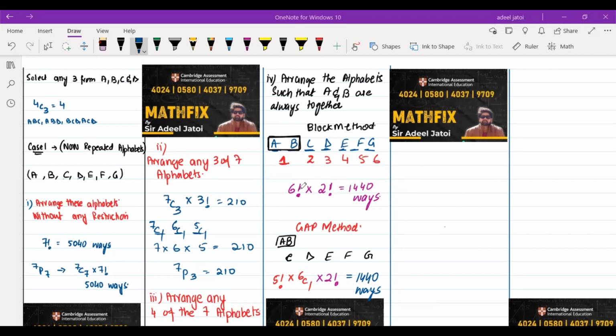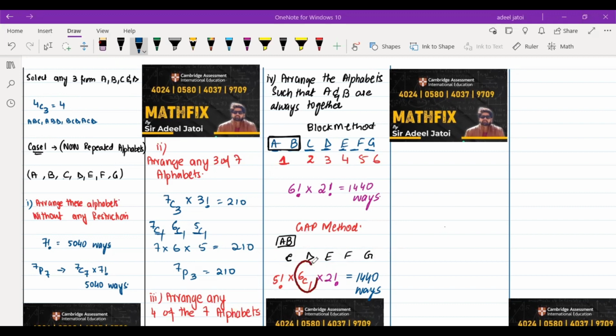On the other hand, as I said, I can use the gap method. If I want to put down the AB block, what alphabets are we left with? We are left with C, D, E, F, and G. How many alphabets do we have? We have 5 alphabets. How many gaps do we have? 1, 2, 3, 4, 5, 6. We have 6 gaps. We can put down the AB block in any one out of 6 gaps.